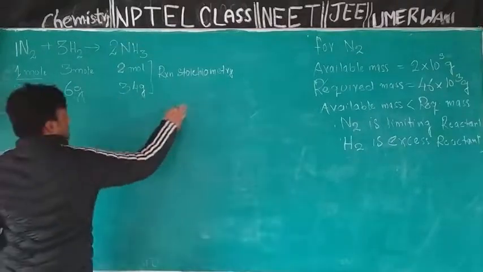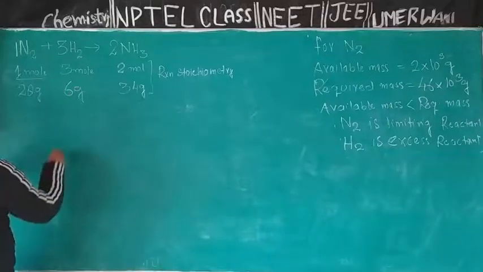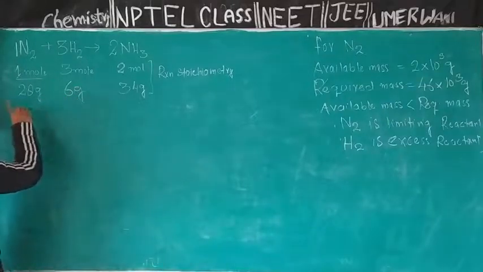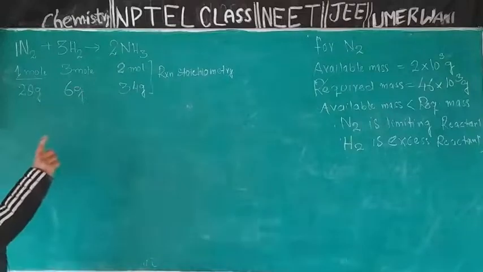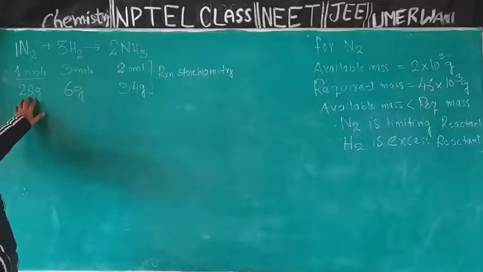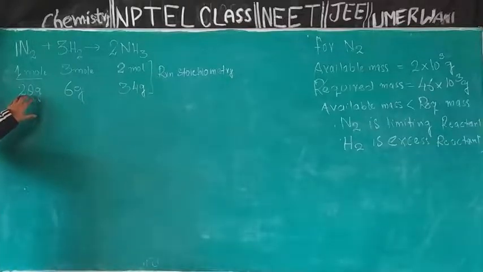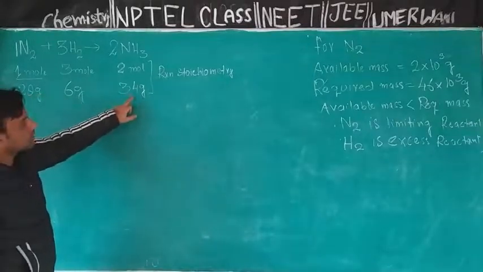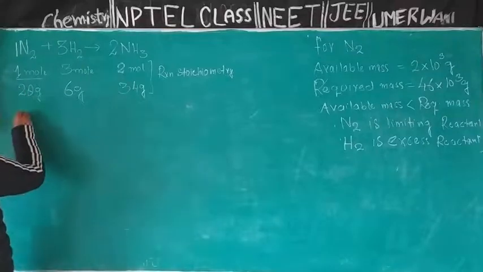I will again use first reaction stoichiometry. Reaction stoichiometry says: who will decide the fate? The limiting reagent. Who is the limiting reagent? Nitrogen. Now I will use the basic information from reaction stoichiometry that 28 grams of nitrogen produces 34 grams of ammonia.